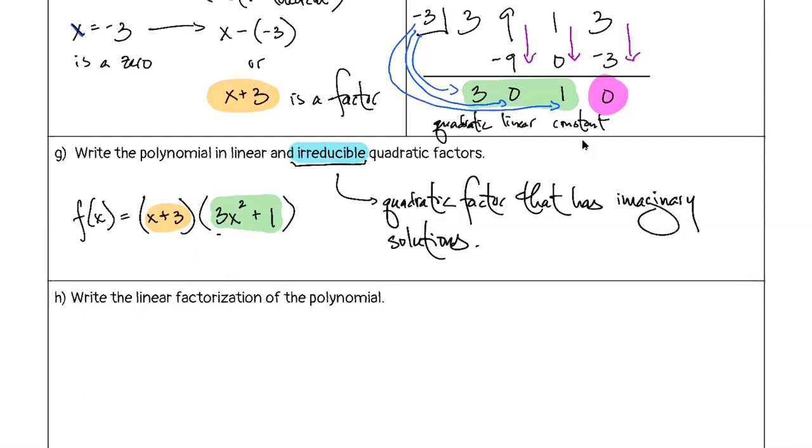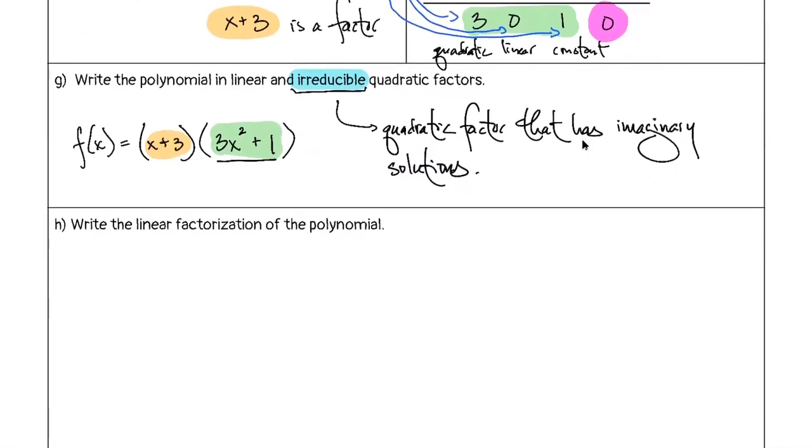If we think about this right here, I'm going to do this off to the side down here. 3x squared plus 1 equals 0. If I wanted to solve for x, I would subtract 1. I would divide by 3. And I would take the square root.